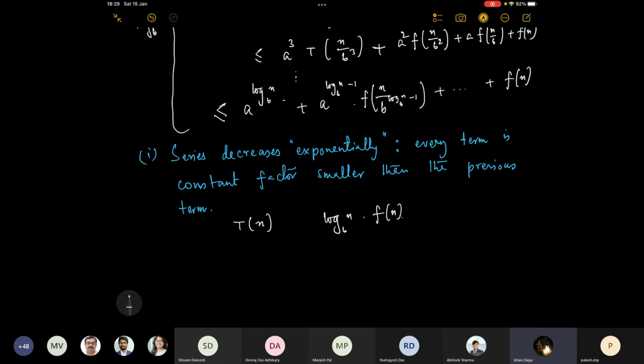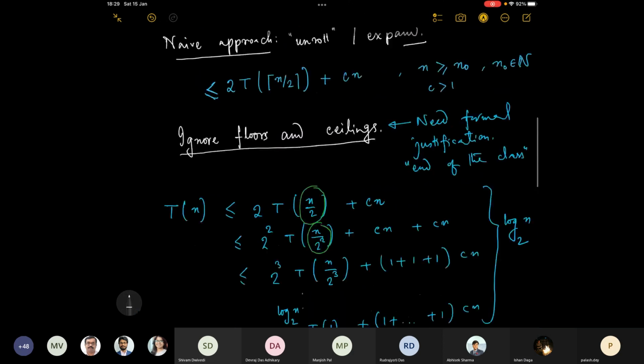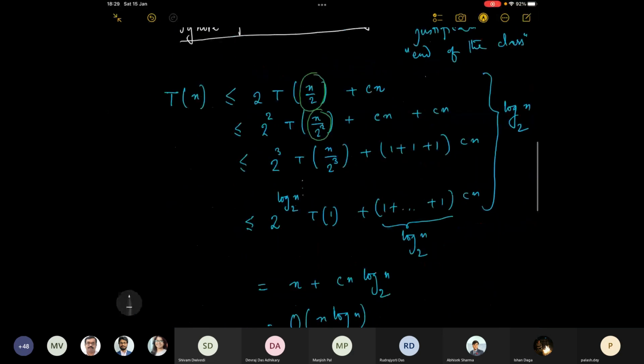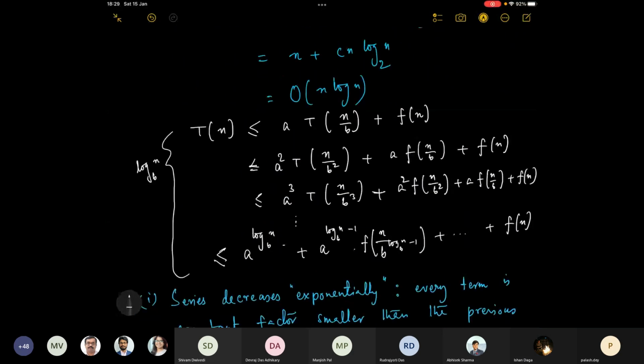Yes. So the a that we had is less than 1. No, a is not less than 1. So that's a good question. A is greater than 1, and I'll assume a and b are integers. A is greater than 1, b is greater than 1.